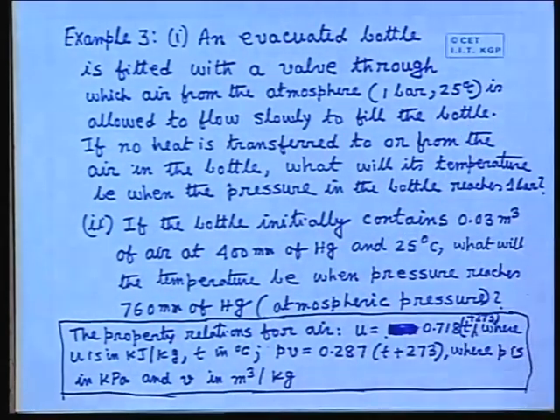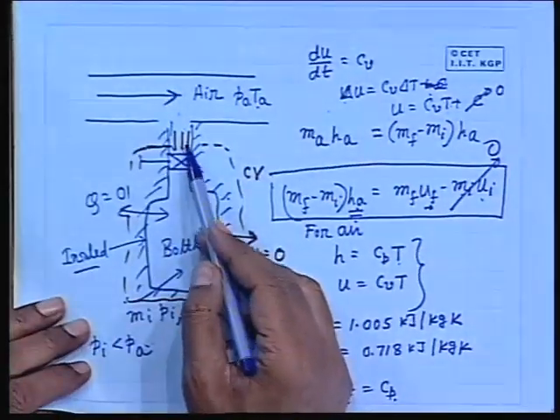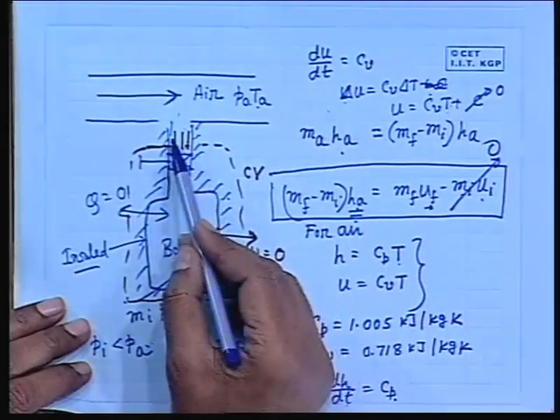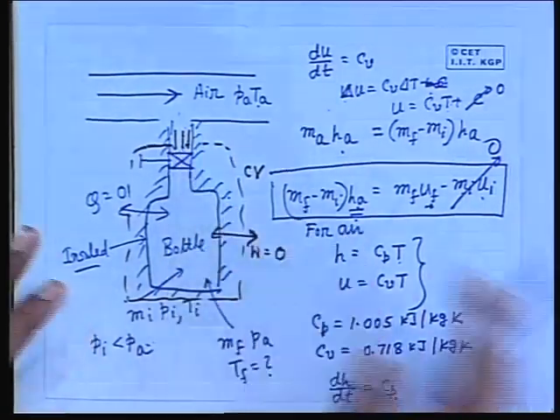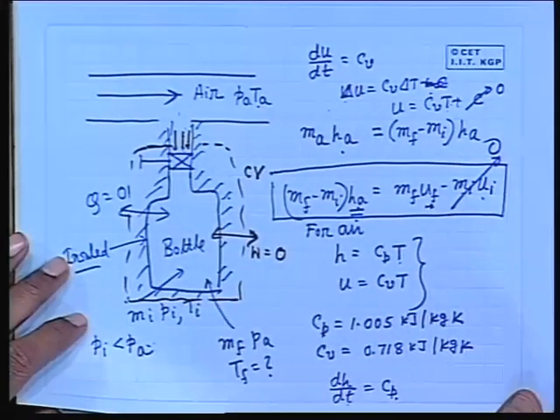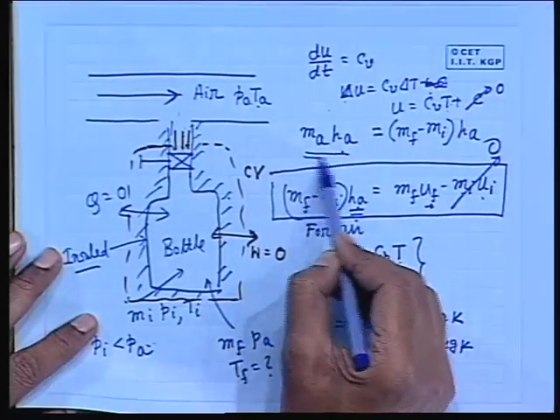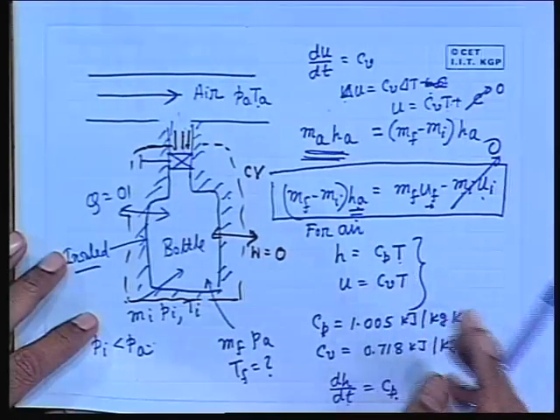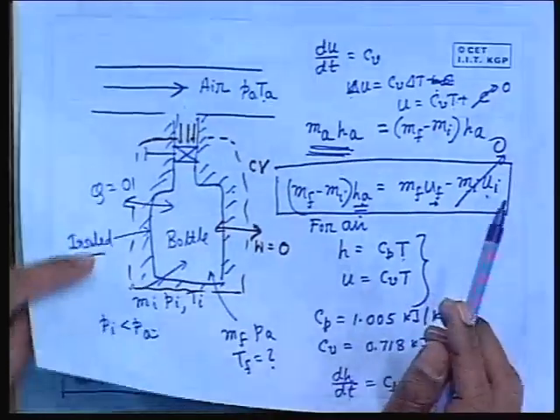Now here a question comes: why have you neglected the kinetic energy associated with this? Because it flows slowly. Here I have used slowly filling up, that means the velocity is neglected. Velocity is so small that the kinetic energy part is much smaller compared to the enthalpy part, so I am only using the enthalpy part as the total energy.